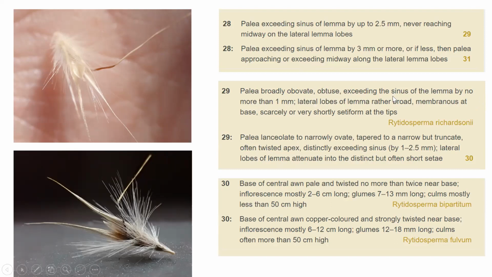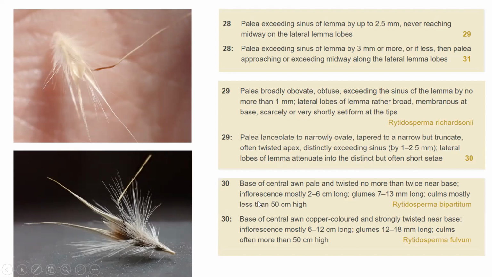The key description in this step is the palea exceeding the sinus by no more than 1 mil. We can clearly see that sinus even from looking front on, so it's longer than that. I didn't, unfortunately, take a photo with the measurement, but you measure from where that awn peels away up to the top, and that's that length.